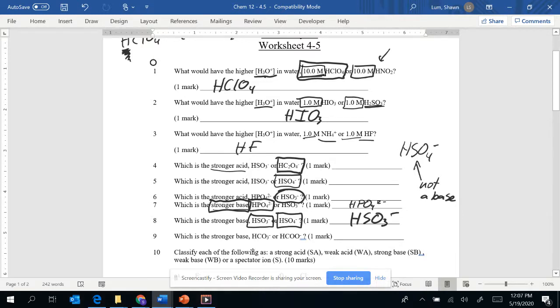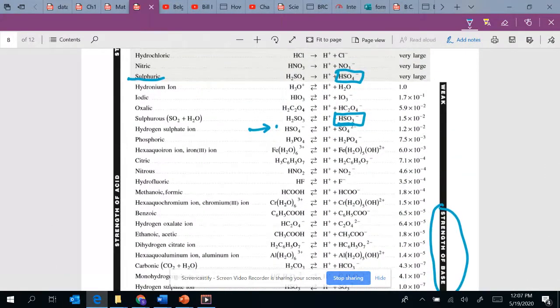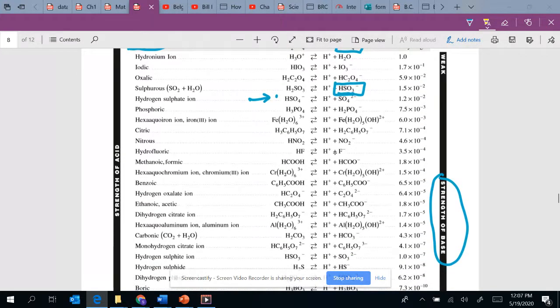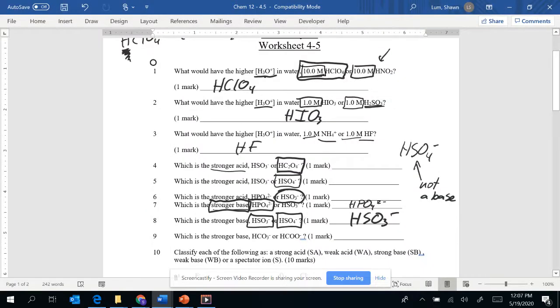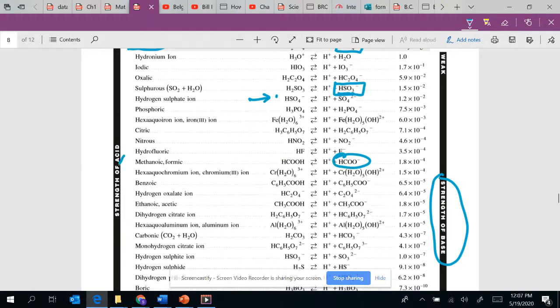Now, next one we have HCO3 and HCOO minus. So we have, I'm going to put the highlighter on, HCO3. And I think we're looking at HCO minus, if I'm remembering correct. HCO minus and HCO3. So we found HCO minus.